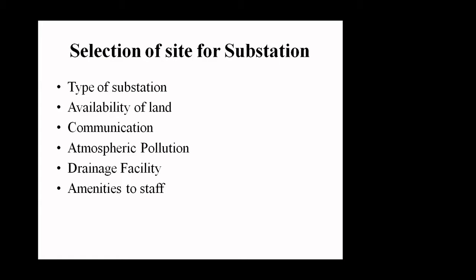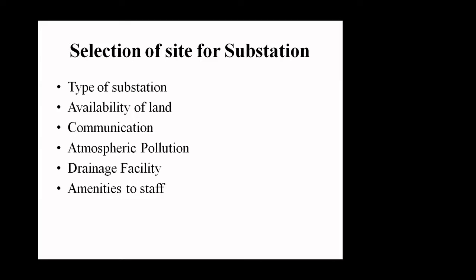Third point is communication facility. As we know, we should have a good communication facility in the substation before the construction and after the construction of substation. So it should be near to road, and a transportation facility should be available to that land.